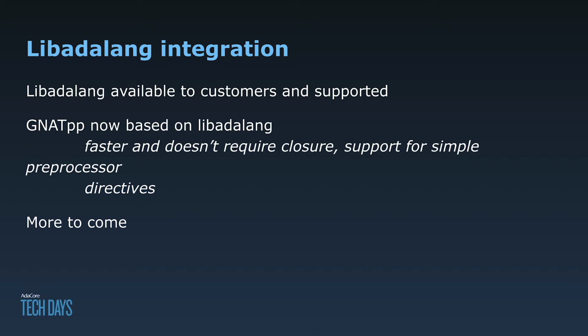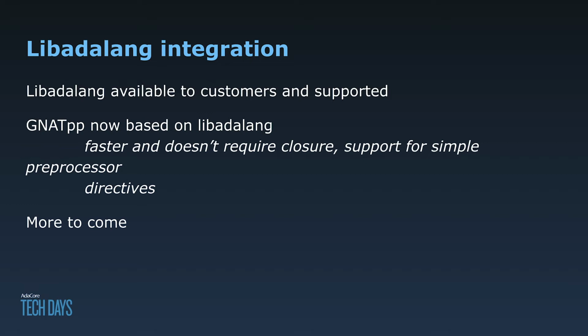And what we've done as part of GNAT Pro 19 is that we have started using libAdaLang ourselves to convert some of our tools, which were based on this ASIS library, to libAdaLang. So in GNAT Pro 19, GNATpp, our Ada pretty printer, is now based on libAdaLang. And what does that mean for you? Well, it's basically the same tool as before, except that it runs faster, and it starts supporting interesting features such as support for preprocessor directives.